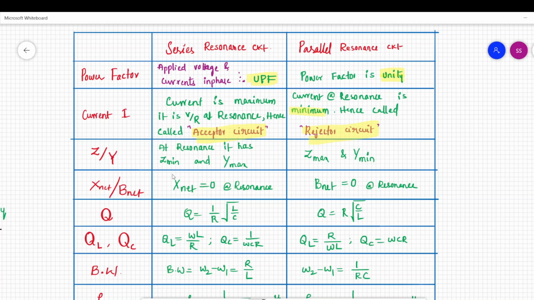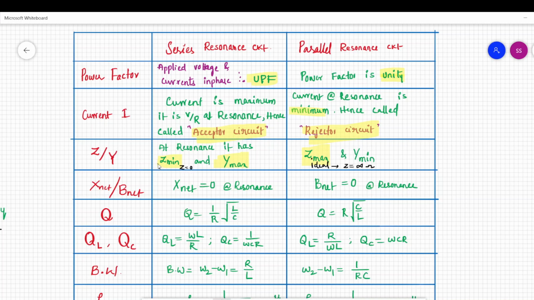Okay, and about impedance and admittances, for series circuit at resonance it has minimum impedance but maximum admittance. Since it has maximum current, it will be having minimum impedance. Similarly, for parallel resonance circuit, impedance is maximum, so ideally it will be open. Ideally parallel resonance circuit at resonance will be having infinite impedance, and ideally series resonance circuit will be having zero impedance at resonance.